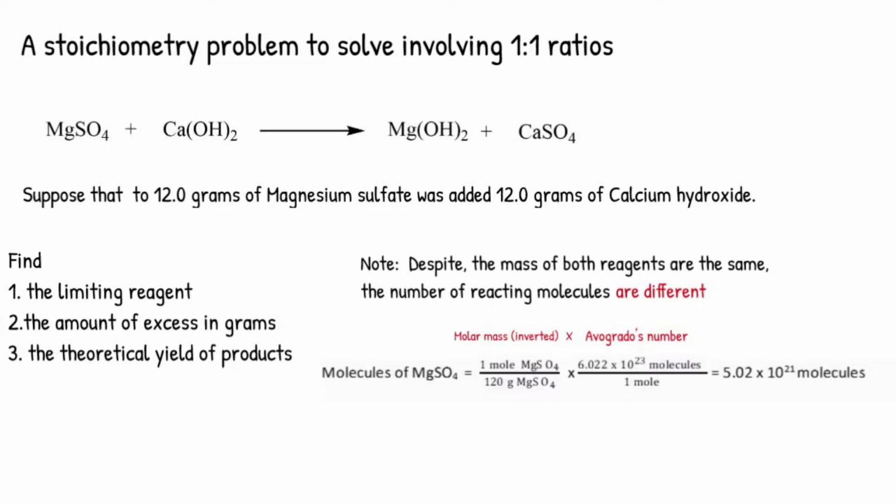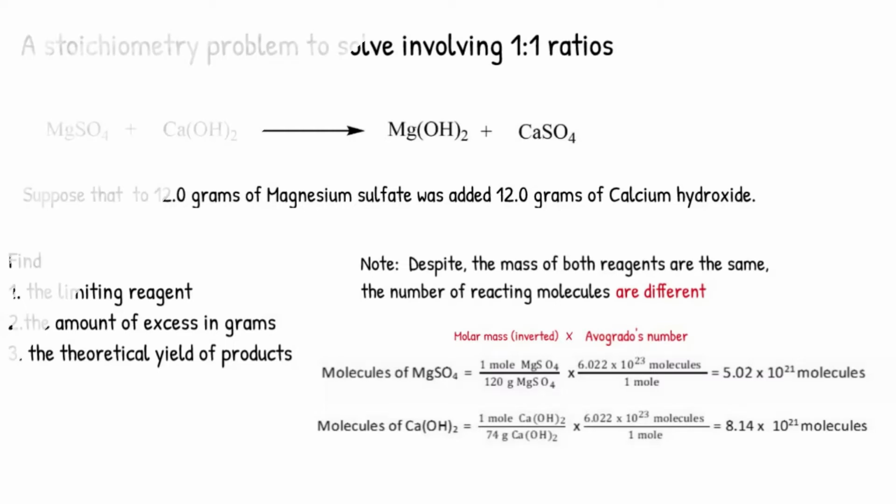This will give you 5.02 times 10 to the 23 molecules of magnesium sulfate. Similarly, doing this for calcium hydroxide gives 8.14 times 10 to the 23 molecules. Notice the number of molecules are different, and therefore we use the moles.